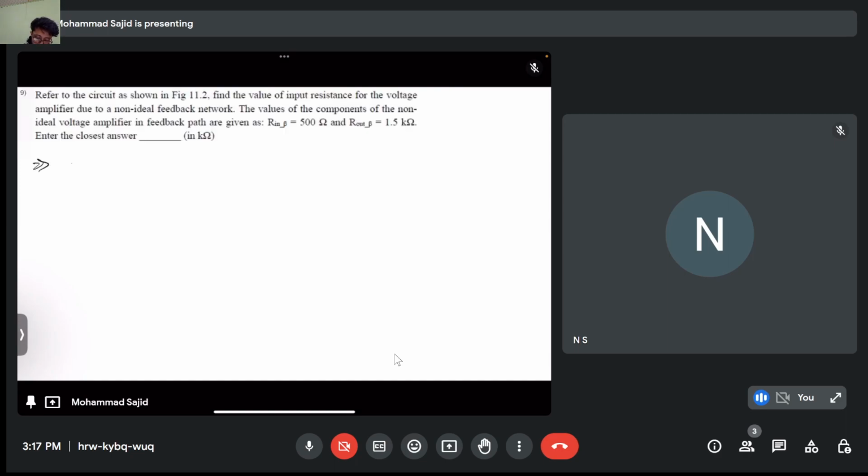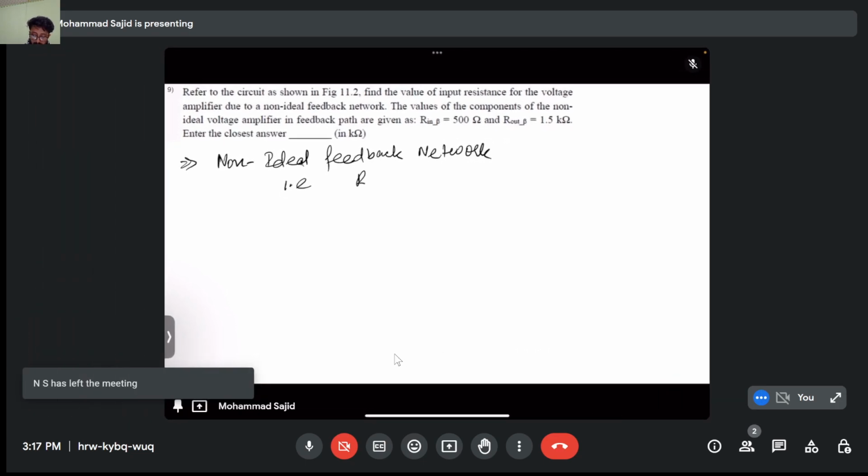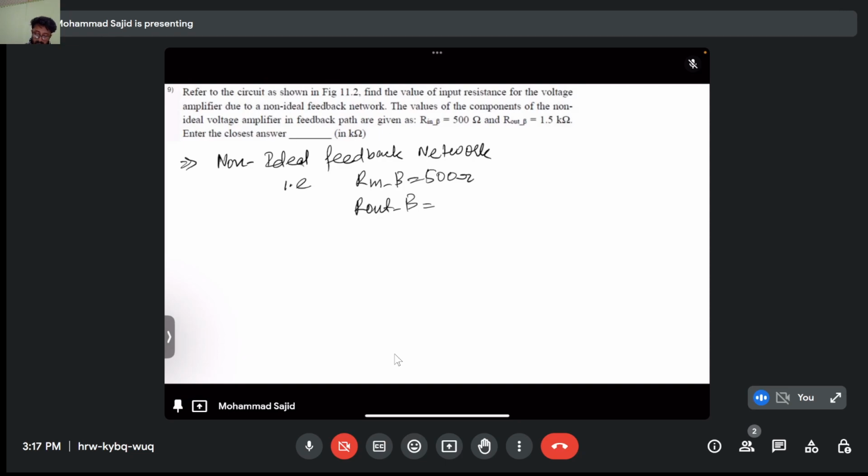Now we have a non-ideal feedback network. That is your Rn beta is equivalent to 500 ohm and your output beta is equivalent to 1.5 kilo, right?